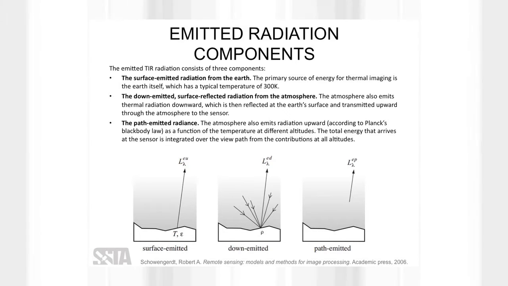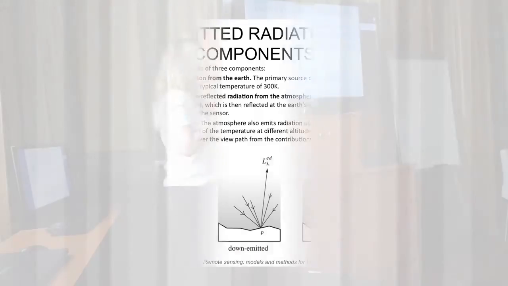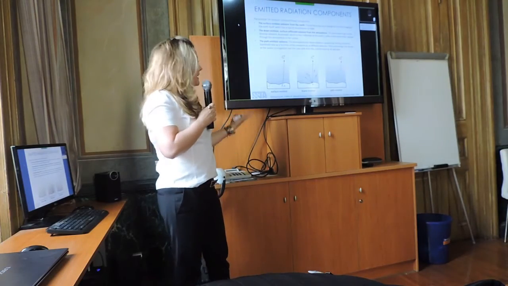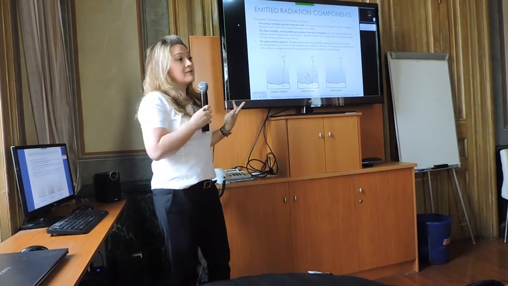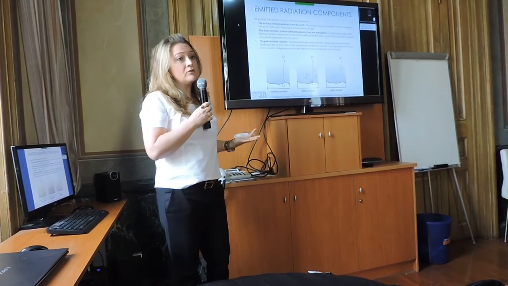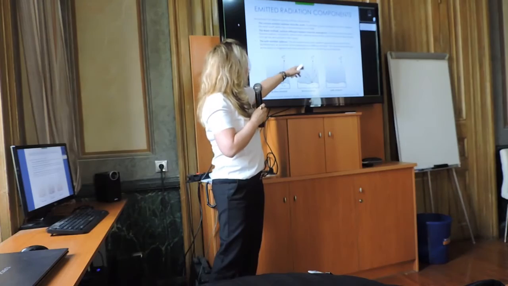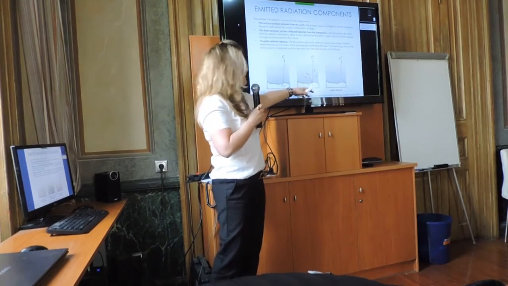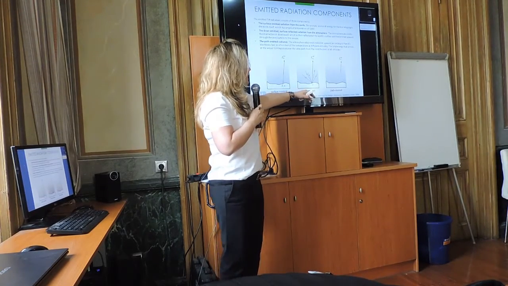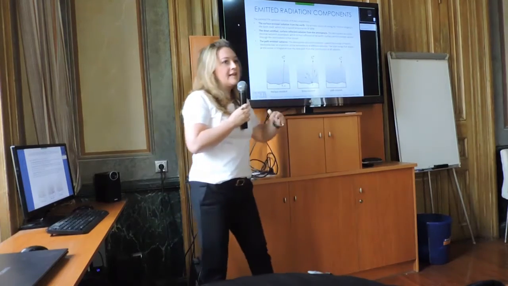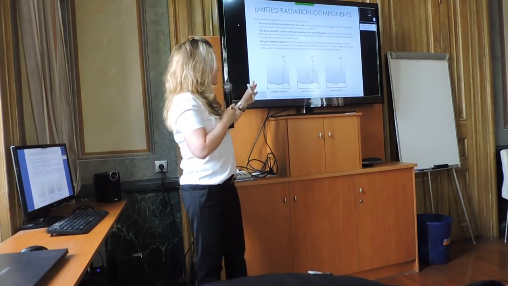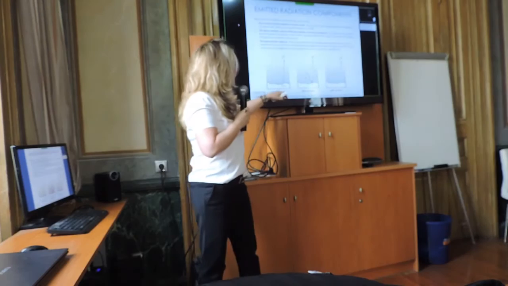But the atmosphere has some temperature. It's above absolute zero. So by itself, it emits radiation downwards, which reaches the Earth and is absorbed and reflected, and upwards.